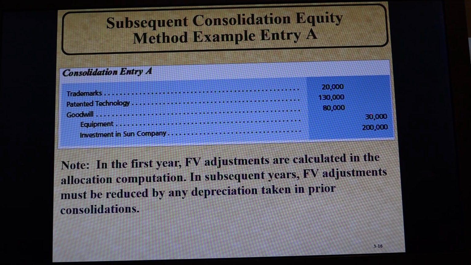This amount will go down $6,000 a year. And so at the end of year 2, what you will show here is 117. What you will show here is 24.